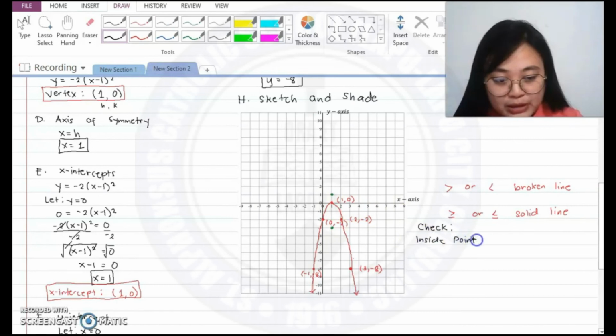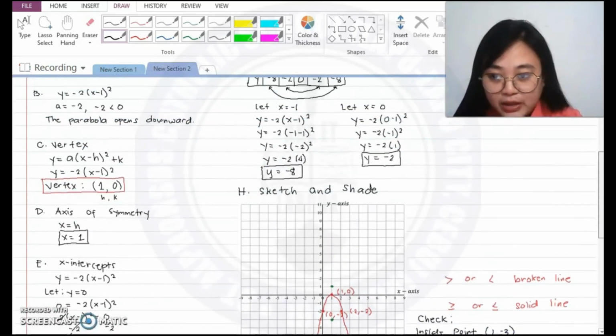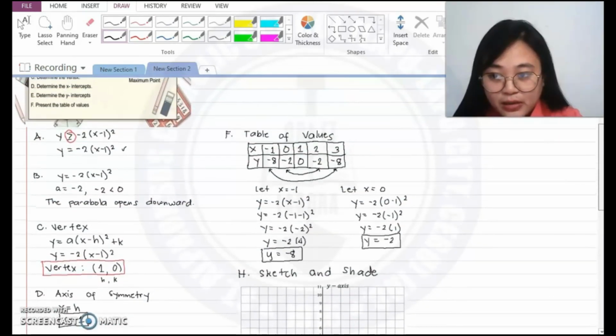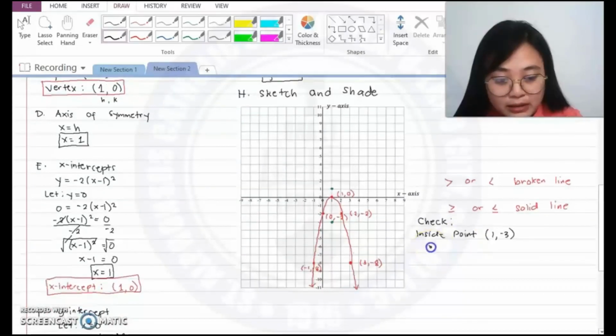And we have chosen 1, negative 3. Use the original inequality, which is y greater than or equal to negative 2 times (x minus 1) squared. And your y is negative 3. Substitute: negative 3 greater than or equal to negative 2 times (change x to 1) 1 minus 1 squared.